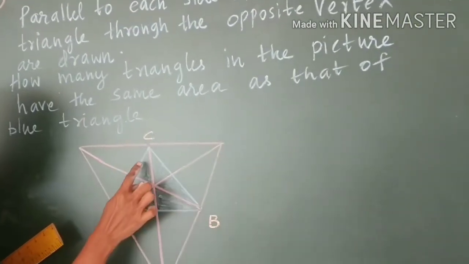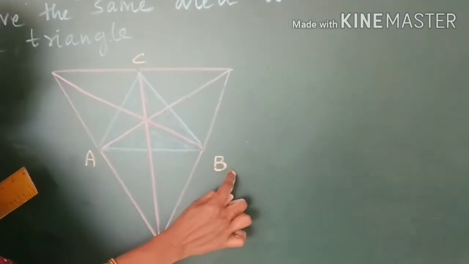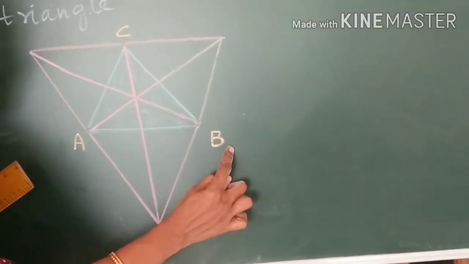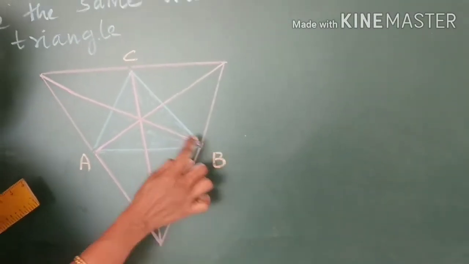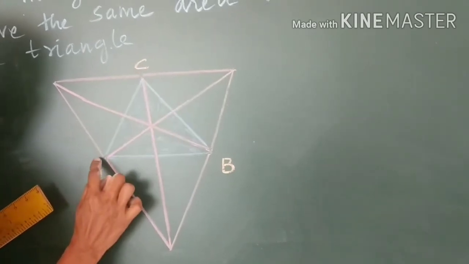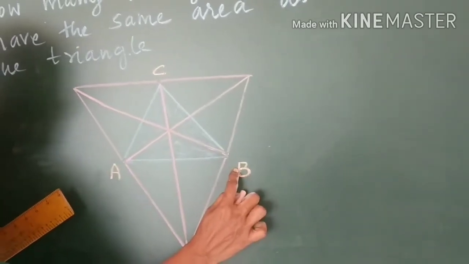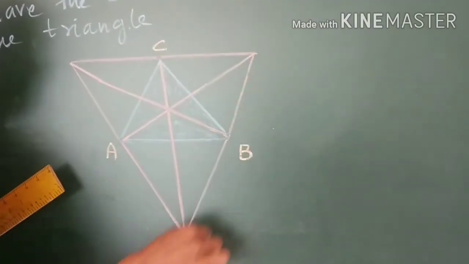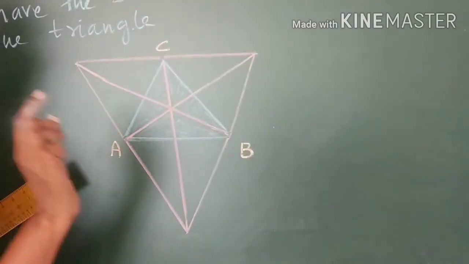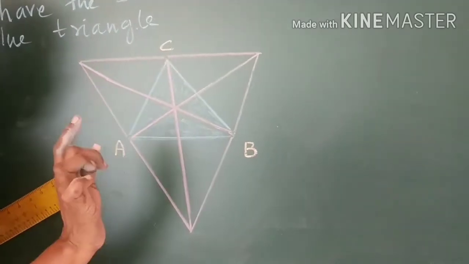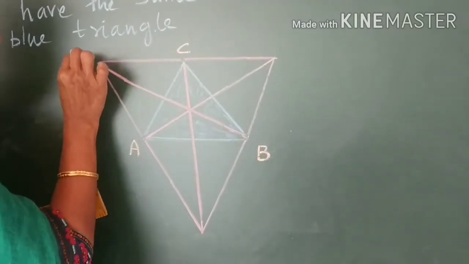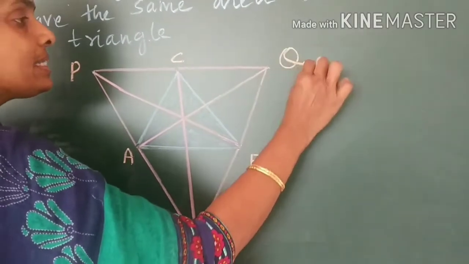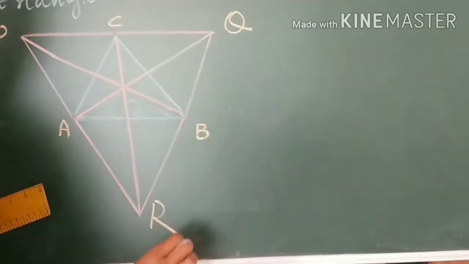Blue triangle is nothing but our shaded triangle. Children, hope the question is clear to you. You can see a shaded triangle in the middle. Our question is, how many triangles in the figure have same area as that of the blue triangle? I am naming the bigger triangle as PQR.